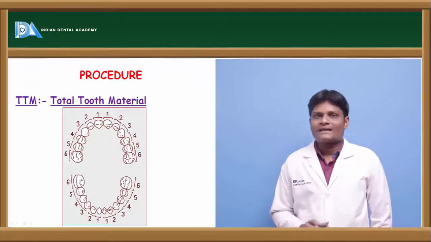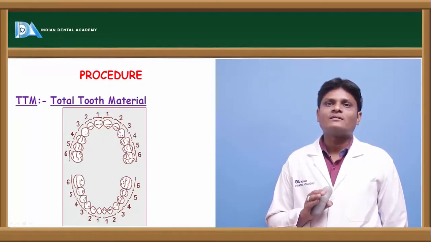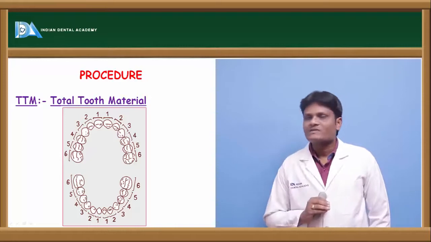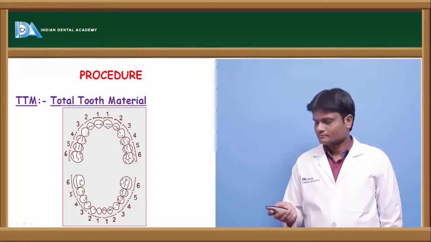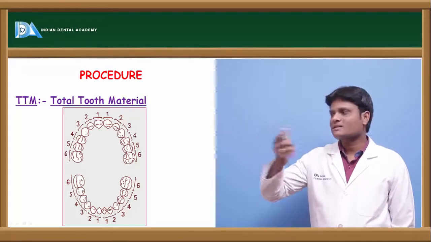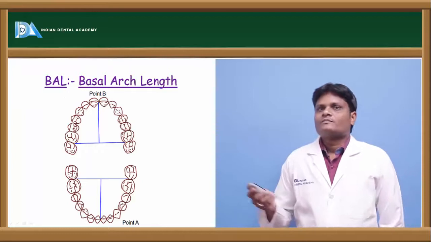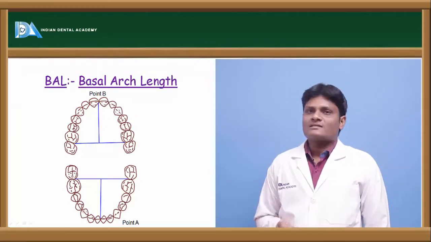Now the procedure of the analysis is, first we need to measure the mesiodistal widths of the teeth mesial to the second permanent molar. This is called the total tooth material, measured separately in the maxillary arch and mandibular arch. Next, we need to measure the basal arch length.